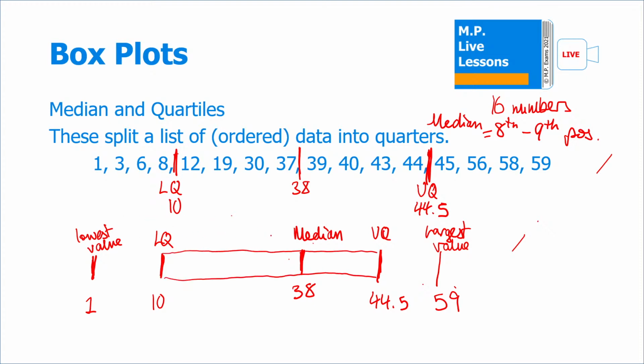And then to complete everything, it should look like this. It's like a little syringe in the middle or a box in the middle, and it just has whiskers out to the edges.